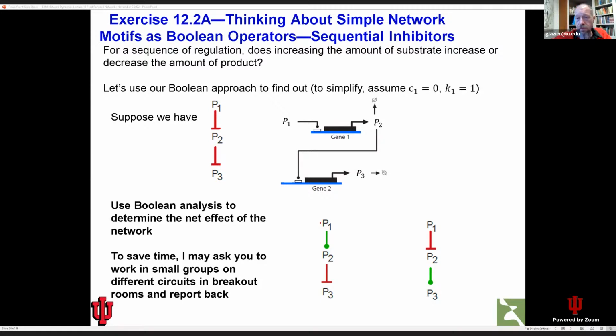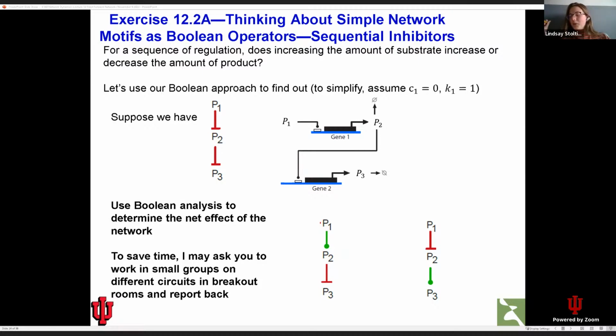So would people from the inhibit group like to tell me what you got? If you want to screen share, that's fine. Or if you just want to talk, that's fine too. We didn't really produce a visual aid, but in words, basically we got an activation with a threshold of K1.